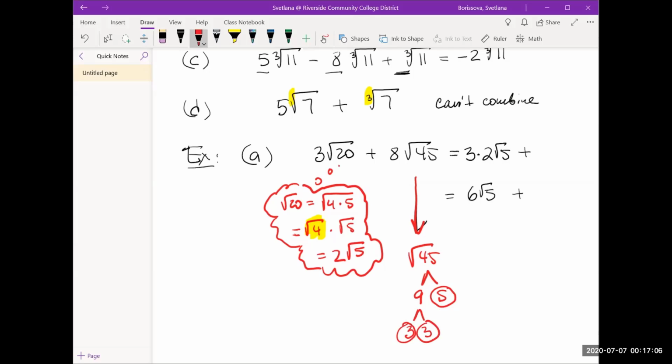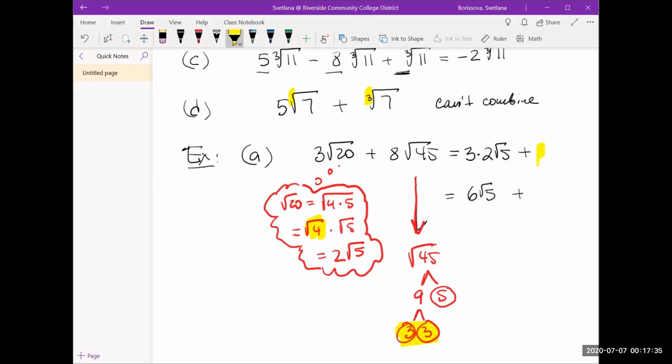So when you simplify a radical with numbers, you find its prime factorization, and then you look for pairs of numbers when you work with square roots. So here I can find one pair, 3 and 3. That's one pair. If you find a pair of numbers, one of those numbers will get outside of the radical. So 3 will be outside.